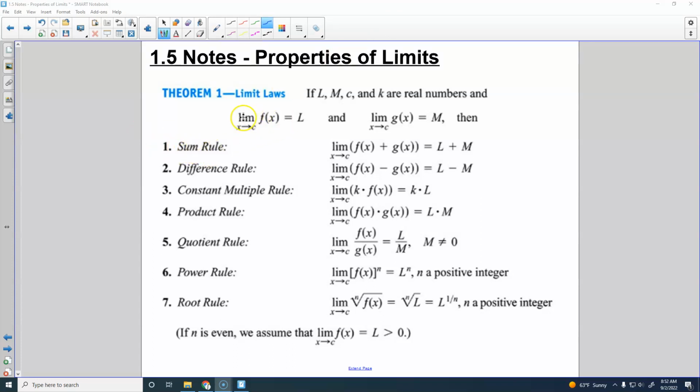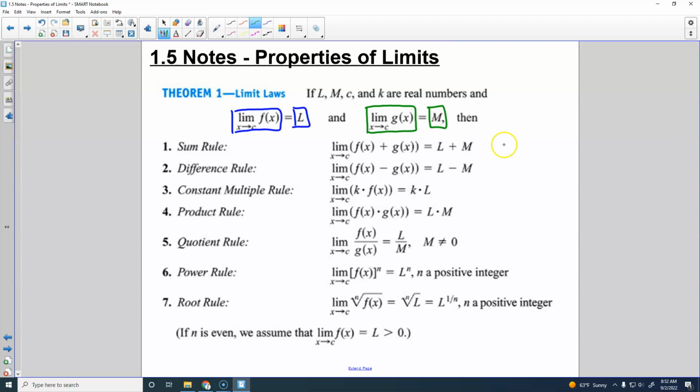And so, they tell you here from the beginning that the limit as x approaches c of f of x equals L. And they also tell you that the limit as x approaches c of g of x equals M. Right?